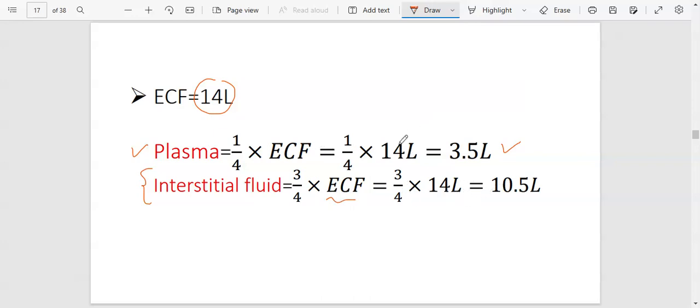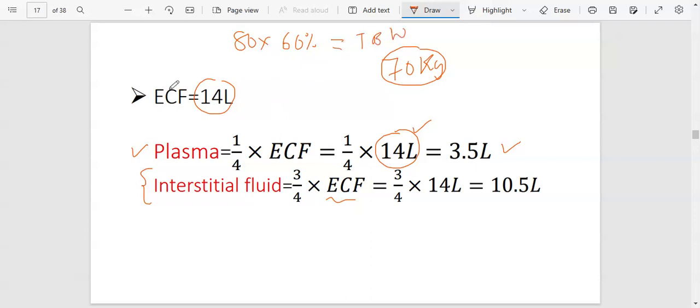Now we need to know that this 14 we are using is always for an adult 70 kg male. So this value will not be the same when you're talking about someone who is 80 kg or someone who is female. You have to go back and say 60% of, for example, if you are still talking about a male but not 70 kg, maybe 80 kg, you say 80 kg times 60%, that is going to give you the total body water.